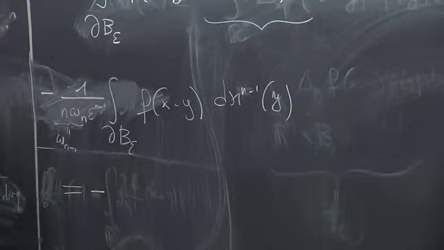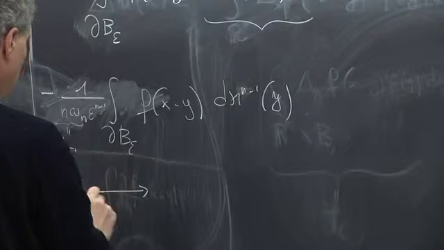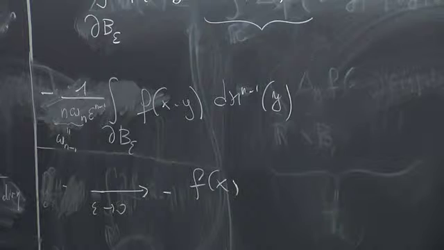Therefore, this times this is exactly the area. Therefore, this is the mean value of the function, which now f is smooth. When I let epsilon go to 0, this converges to minus f of x, the value of f at the center.